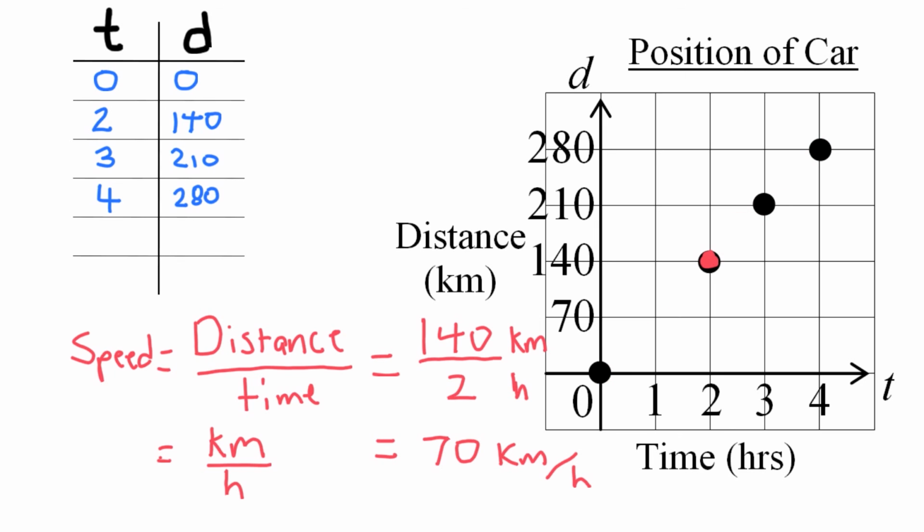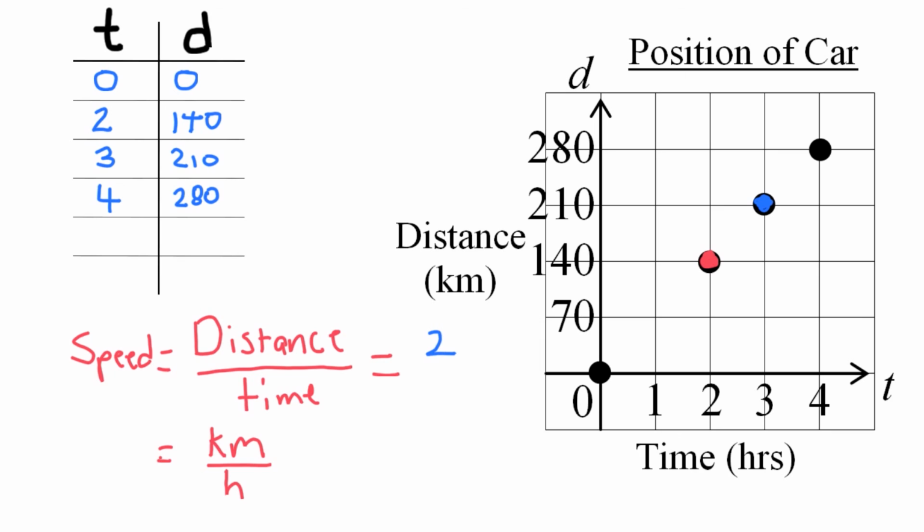Now you may be asking, okay, we did this dot, but what if we chose this dot? Well, let's take a look at those calculations. I'm now going to look at this dot and let's see if we can figure out the speed. Again, we said to find what this line represents, we have to go distance divided by time. What would the distance have been for that car at that point? 210 kilometers.